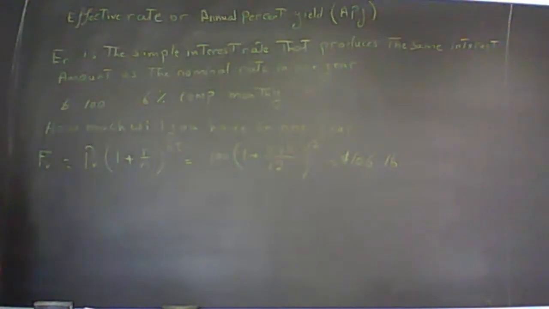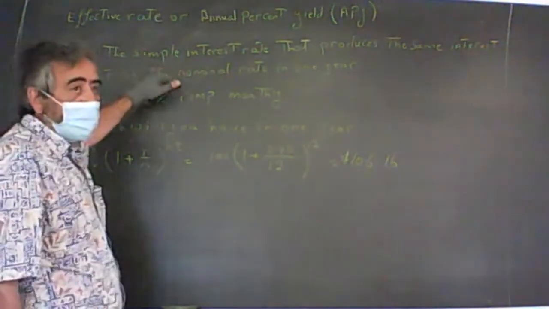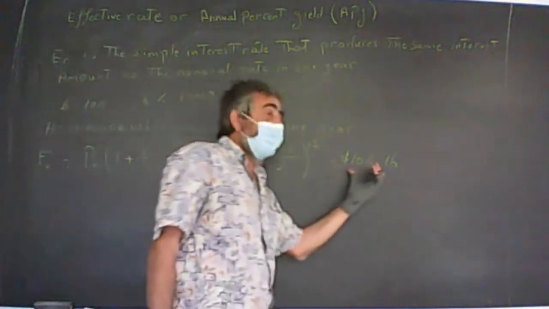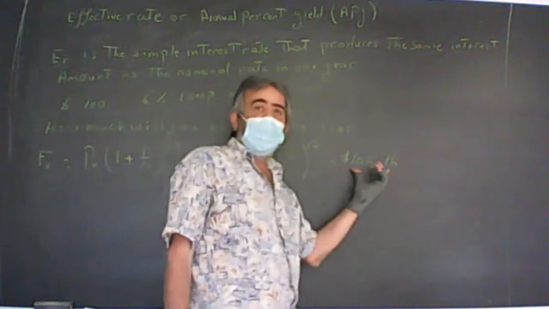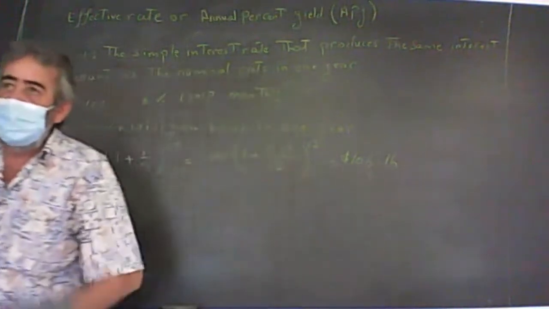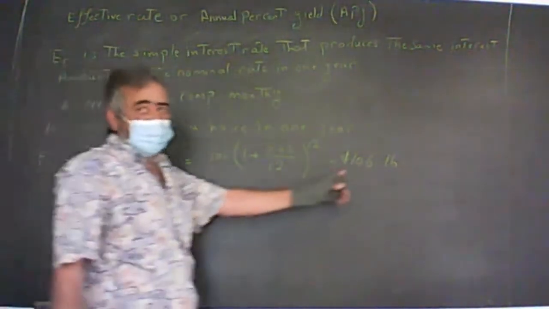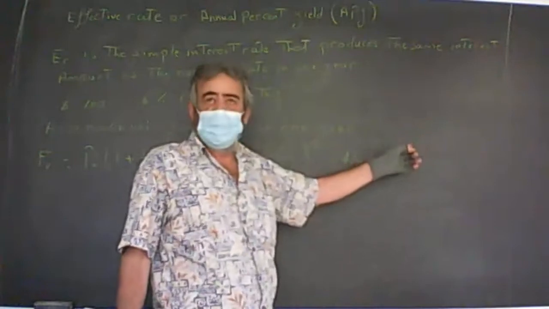Now notice, even though it's 6%, because it's compounded monthly, we ended up with 106.16, right? So in 1 year, it was 6.16%. Does that make sense?